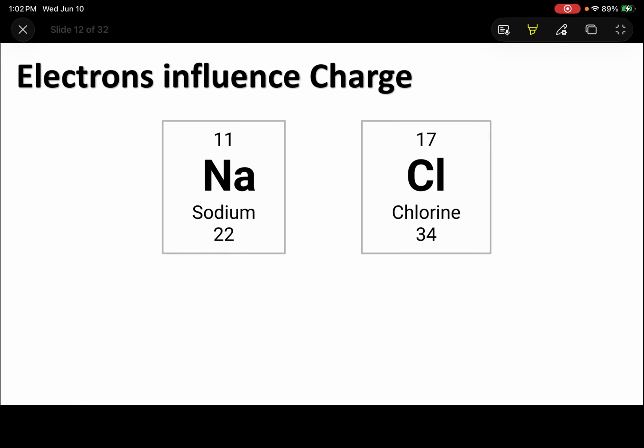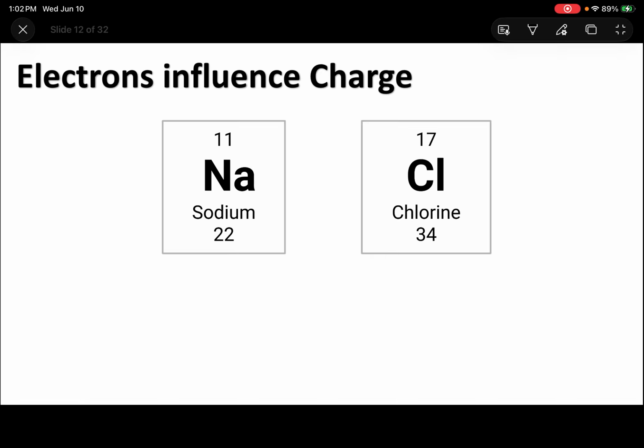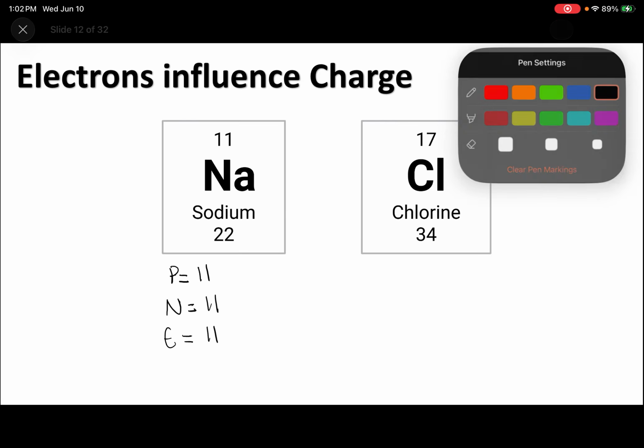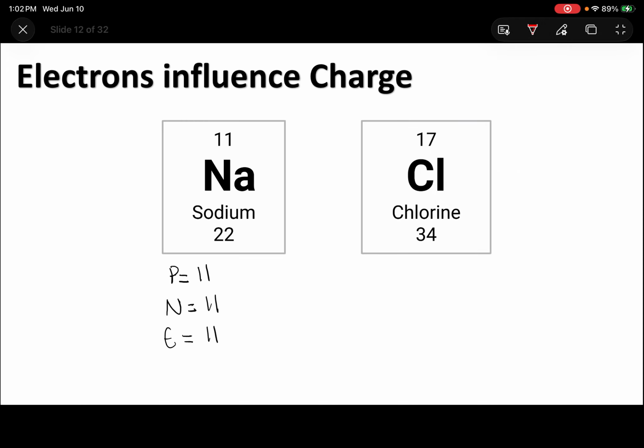So let's practice this one more time, okay? So here we have sodium. How many protons does sodium have? It has 11. How many neutrons does sodium have? 11. How many electrons? 11. But what happens if I come in and I take away one of these electrons?